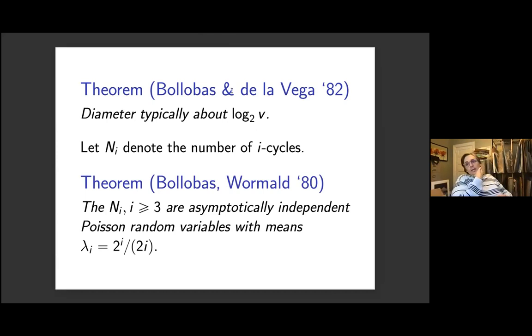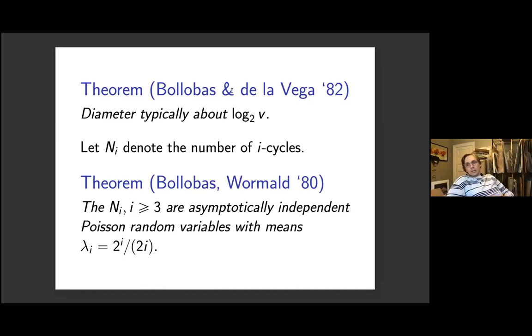To improve our understanding, we could ask about the expected number of I cycles. An I cycle is just a loop of length I. So you follow edges until you come back where you started, and if you come back in I steps, that's an I cycle. If I asked the number of 3 cycles, that's the number of triangles that my 3 regular graph contains.